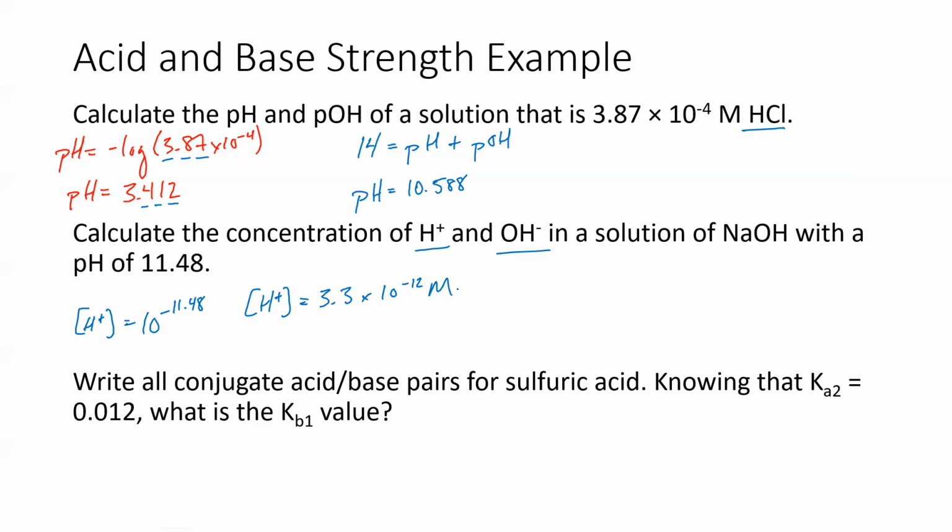And again, there's 2 ways to calculate the OH minus concentration. You could either solve for pOH and then take the antilog, or you can use Kw to get from one to the other. So I'm going to do it that way. Kw equals OH minus times H plus, which is 3.3 times 10 to the negative 12. So OH minus equals 3.0 times 10 to the negative 3.